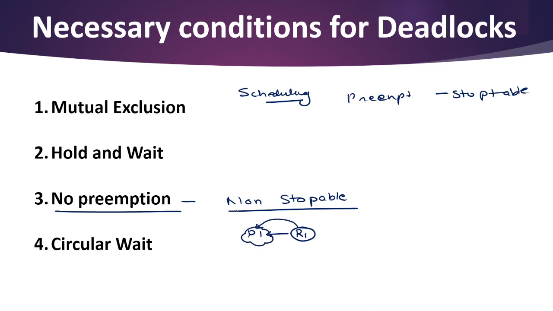In case of non-preemption, or non-stoppable, whenever a resource is allotted to any process, we cannot release the resource until the process fulfills its requirements.